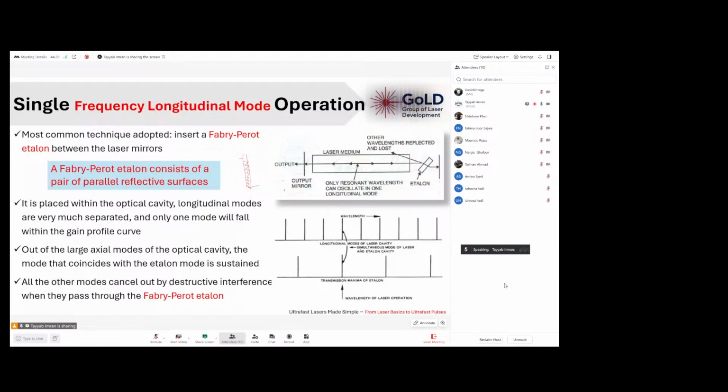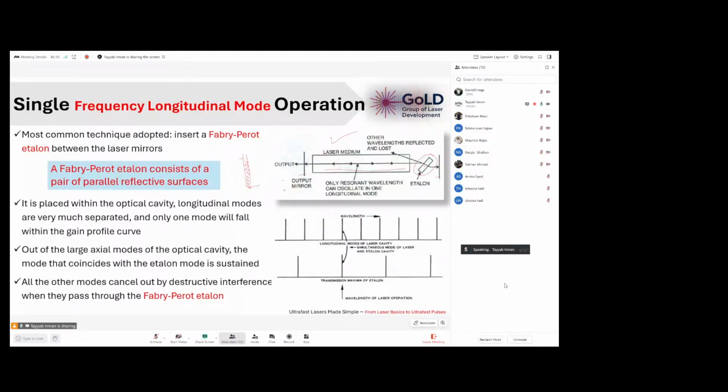So what is supposed to be done inside the cavity? If you see on the right side of this diagram, this is your laser medium. This is the cavity. We cannot reduce the cavity length. So how we control the longitudinal modes is that we use a small etalon inside the cavity.